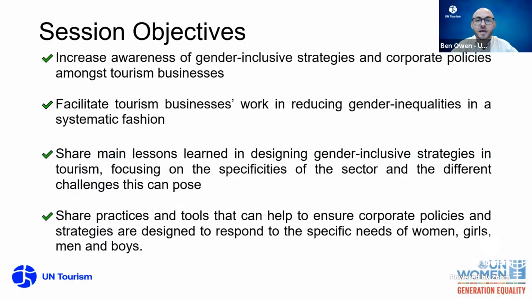Obviously, our sector has a lot of specific features. Some of it's quite seasonal, and many different features. So we'll be hearing from some colleagues today from tourism businesses in Jordan, in Argentina and in Eastern Europe about their experiences. And between all of you, we hope that we'll be sharing practices and tools between yourselves in the chat as well, and listening to our speakers about strategies that are designed to respond to the specific needs of women, girls, men, and boys.